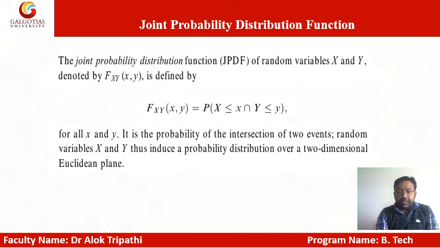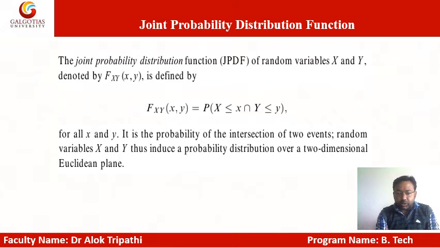The joint probability distribution function of random variables X and Y is denoted by F_XY in the parenthesis (x, y). This is the notation for the joint probability distribution function. In the suffix we mention all those random variables for which we are defining the joint probability distribution function.